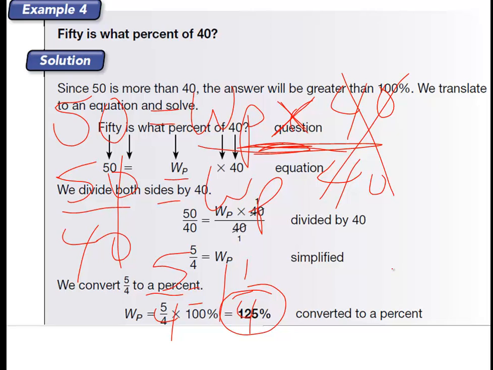The answer's got to be more than 100% because 40 is what percent of 40? 100%. So 50's got to be more than 100% because it's a greater number. So 125% is our answer.